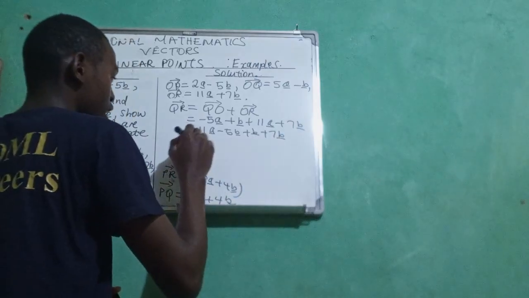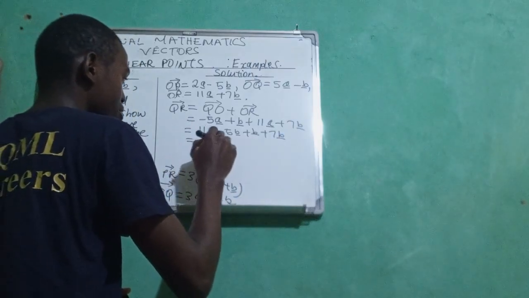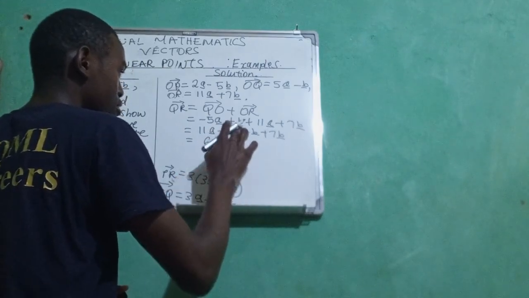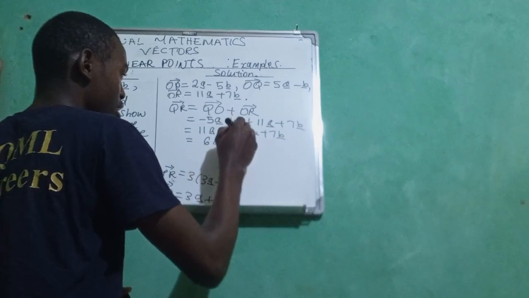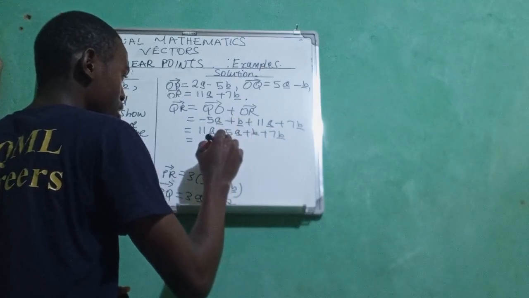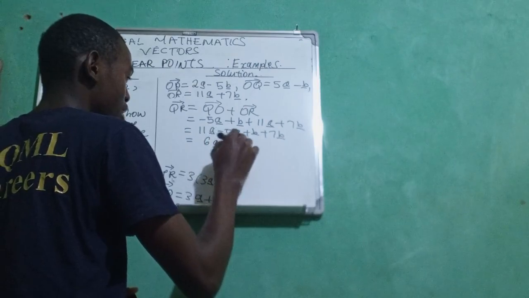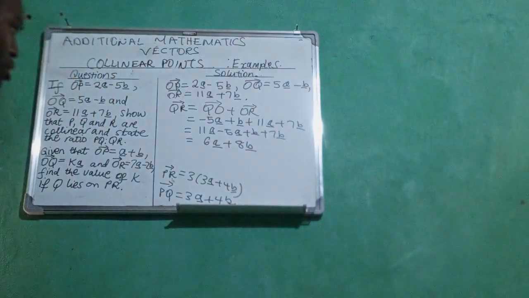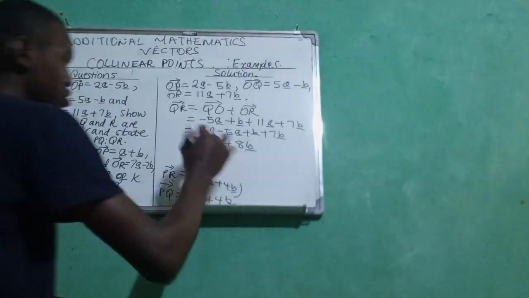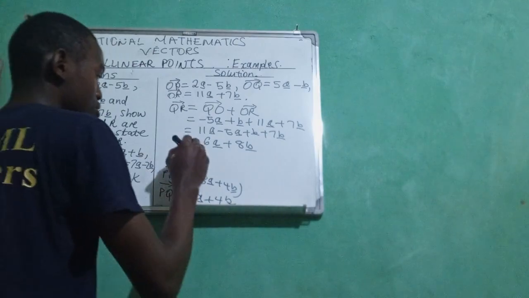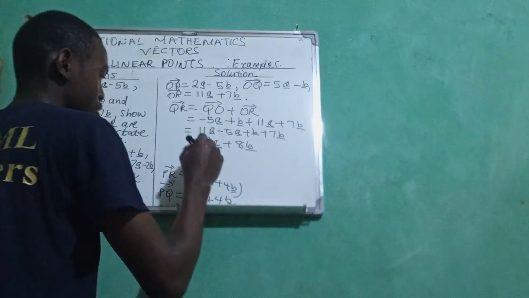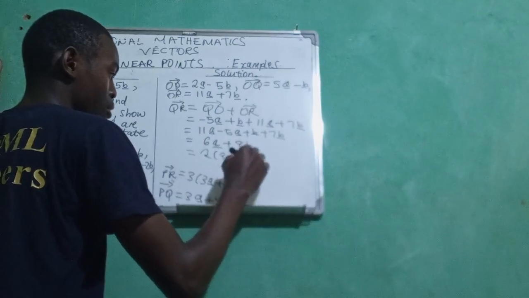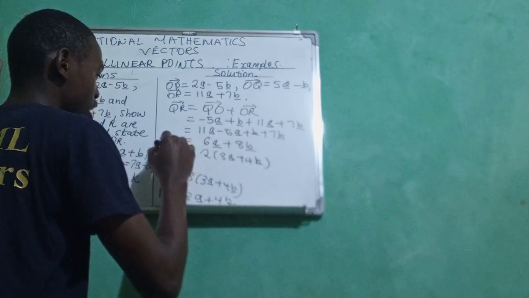We simplify, and this will give us 6 of vector A plus 8 of vector B. Simplifying this, the only number which can go into these two is 2 itself. 2 of 3 of vector A plus 4 of vector B, if you factor out.